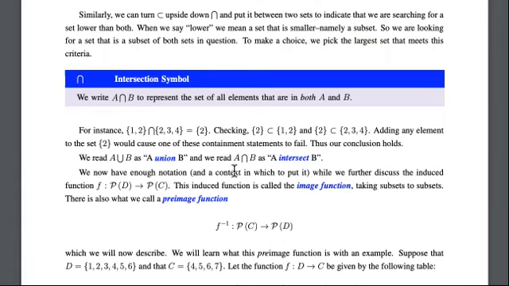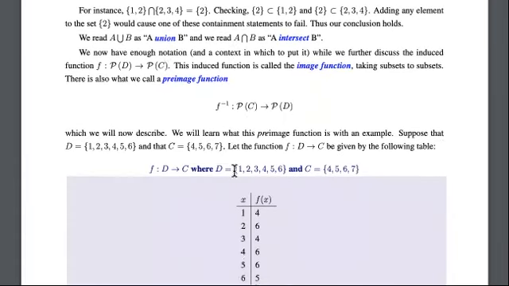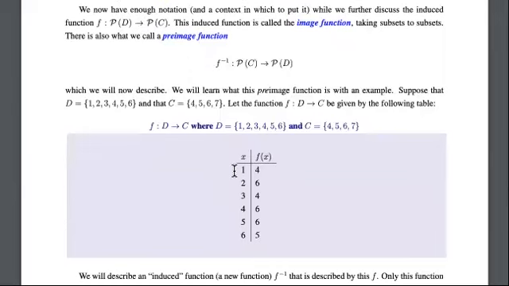Okay, so we have that kind of notation going on. We're going to use that notation now to help us build up another induced function from a function called the preimage function. Preimage function, which is kind of reversing what the image function does. We're kind of going to the other side of the lens a little bit. And we're just thinking about subsets again. So basically what we do is we take a subset of the codomain. So notice this power set of codomain.